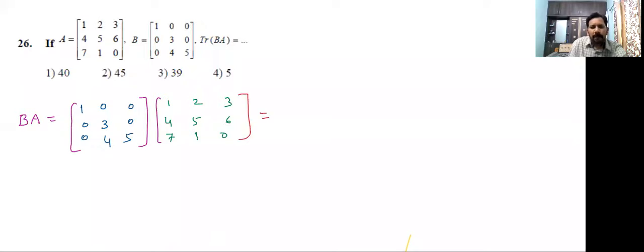How to do the multiplication of two matrices? You know very well. First row, first column: 1 into 1, 1, plus 0 into 4, 0, plus 0 into 7, 0. First row, second column: 1 into 2, 2, plus 0 into 5, 0, plus 0 into 1, 0. Next, third column: 1 into 3, 3, plus 0 plus 0.